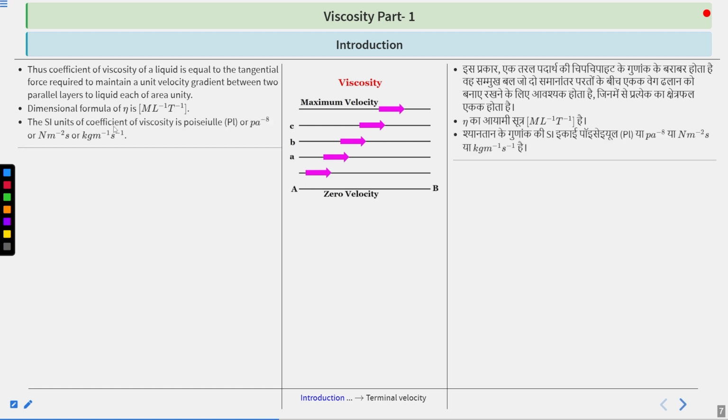The SI unit of coefficient of viscosity is the Poiseuille, PL, or Pascal second, or Newton second per meter squared, or kg m^-1 s^-1.